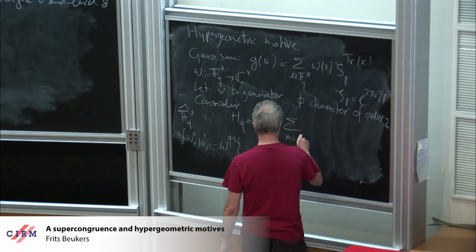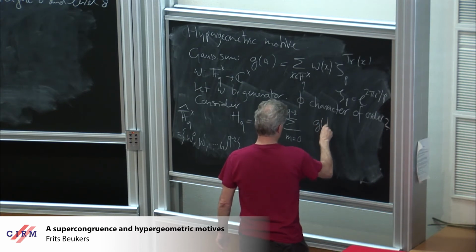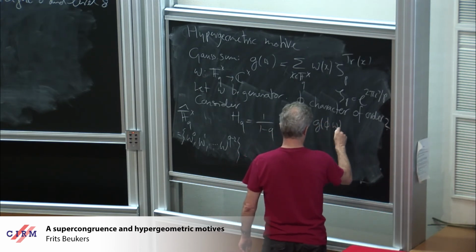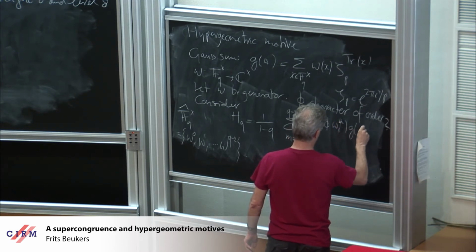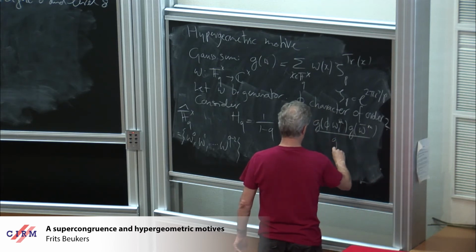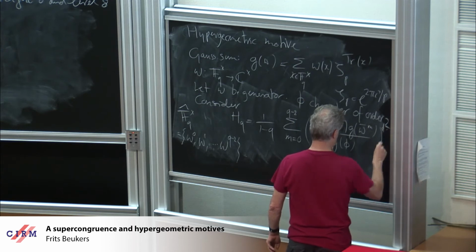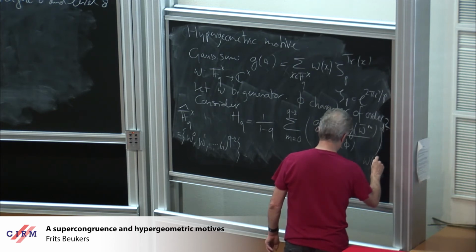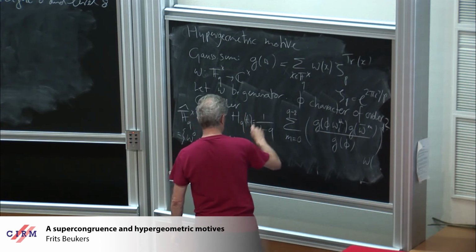So we're going to sum from m equals 0 to q minus 2. And here we get g of omega to the m, here we have g of omega complex conjugate to the power m divided by g of omega to the power d. And then we add here omega of t, since this hypergeometric sum is going to have an argument which is t.